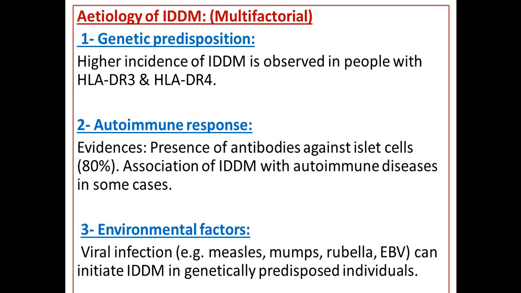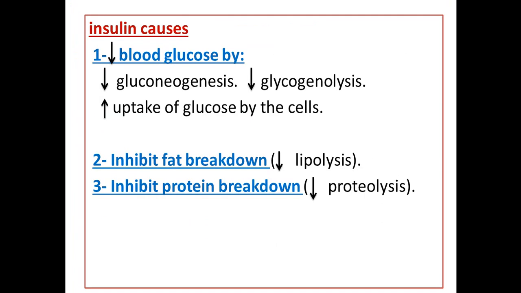This indicates the association of insulin-dependent diabetes mellitus with autoimmune disease, especially celiac and Hashimoto thyroiditis and others. Environmental factors like viral infections, such as measles, rubella, and EB virus, are blamed for initiating insulin-dependent diabetes mellitus, but in genetically predisposed individuals.